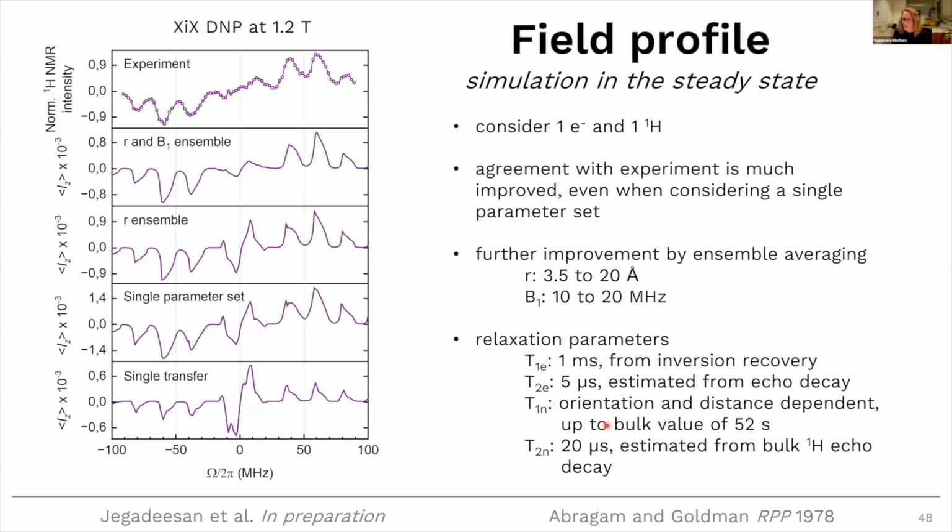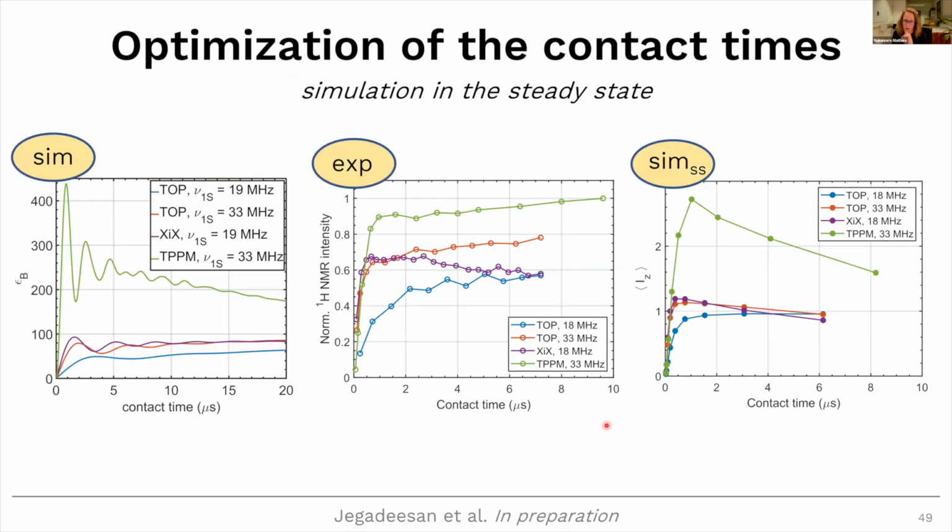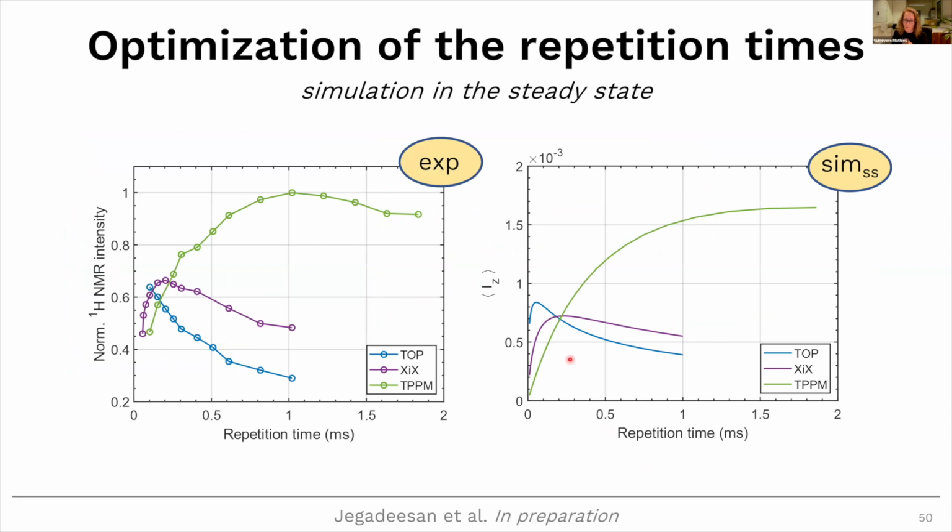And so I think it's also not unreasonable to assume that the T1 does get shorter when you come closer to the paramagnetic center. And we also see that this improves our match with the experiments. For the T2, this 20 microseconds where we just stick to the bulk value is also not unreasonable, because what we think is that in trityl, where these protons are relatively far away from the unpaired electron, it's probably the bulk mechanism, the proton flip-flops, that dominates the T2 relaxation. And that will also determine, for example, how fast you can repeat your transfer.